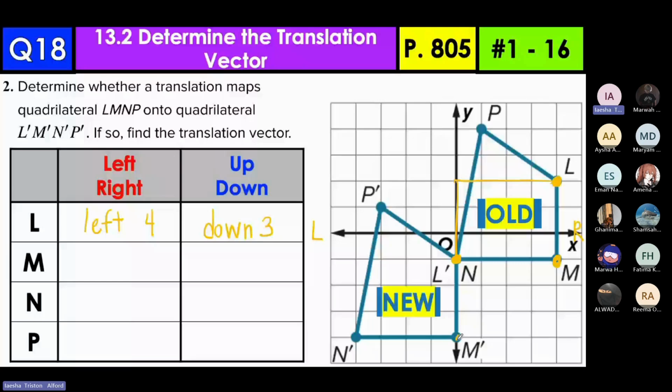Left or right? Left. This way is left. Left 4. And yes, you are correct. We went down 3.